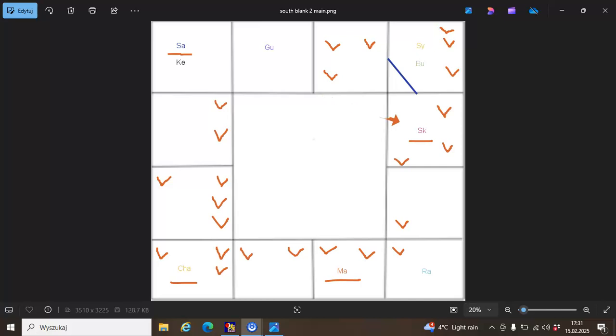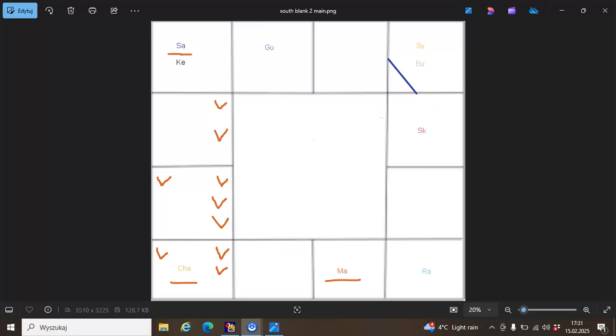We finished our second cycle at the sign of Mesha or Aries. So what we'll have to do is find the next sign in trine from Mesha or Aries.